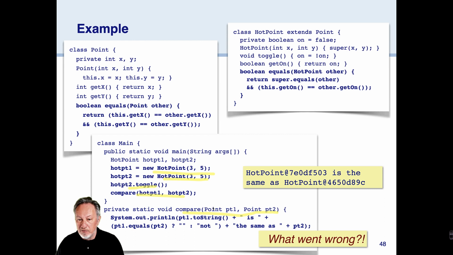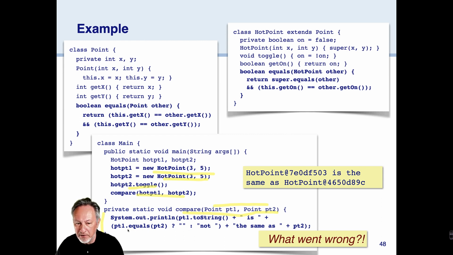As you may have noticed, the problem is here. We have the compare method that expects two arguments of type point. So the static type of these guys is going to be of type point, and within this scope here, the hot point code is not seen at all.